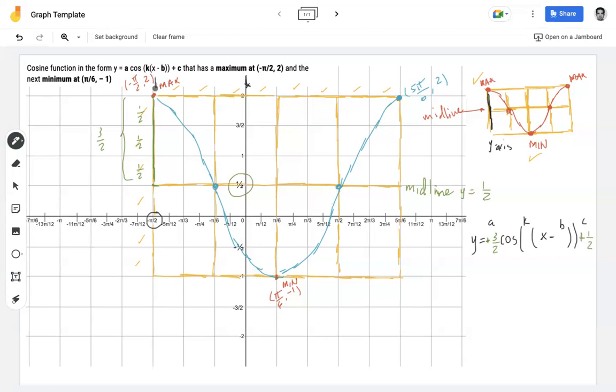So from its usual position to the new position, there was a shifting to the left, known as the phase shift. The phase shift is basically how much the graph moved horizontally, and in this particular case, it was a negative pi/2. So the phase shift is used with the sign that you end up seeing.